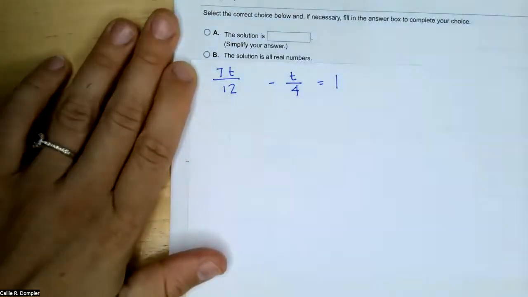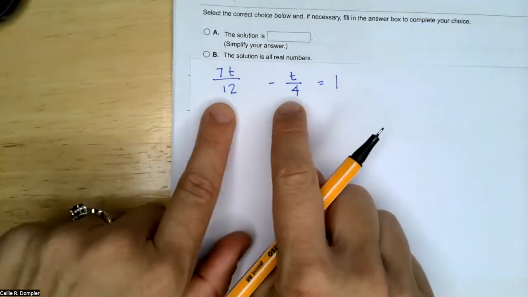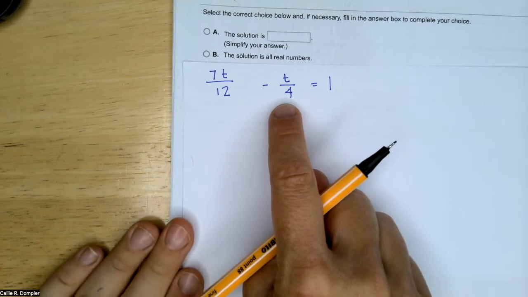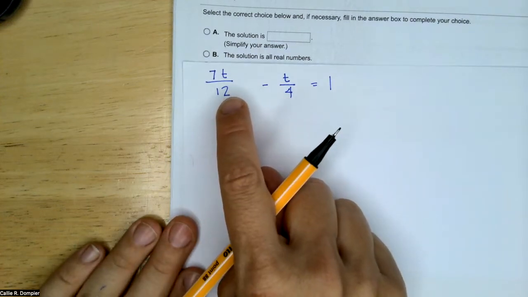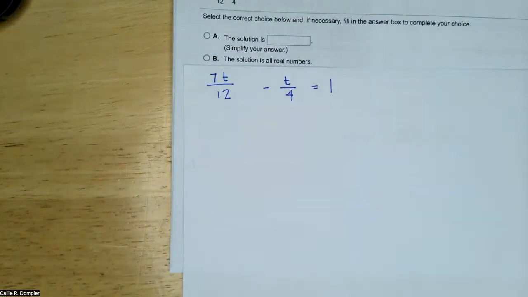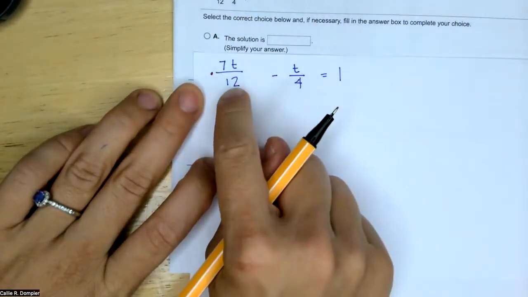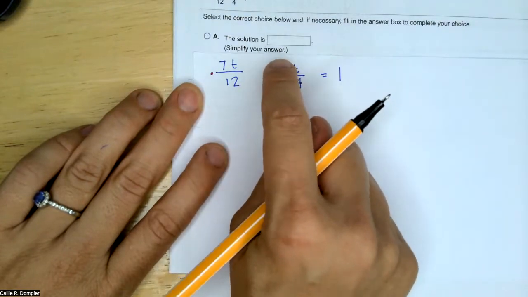So I don't need to do 12 and 4. I need to find the greatest common denominator, or the common multiple of 12 and 4, to find a denominator that we can multiply everything by. So I can take 12 divided by 12, I can take 12 divided by 4.